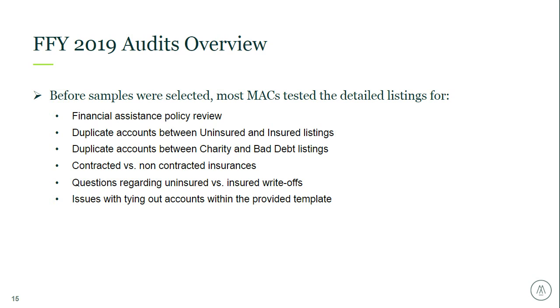They're also requesting the detailed listings of transaction codes and descriptions and the detail that's behind lines 20, 22, and 26, as well as the detailed logic on how the facility prepared the S10s. There were also a few MACs that included what's called an S10 questionnaire, which included additional questions related to how the detail was prepared for the S10s.